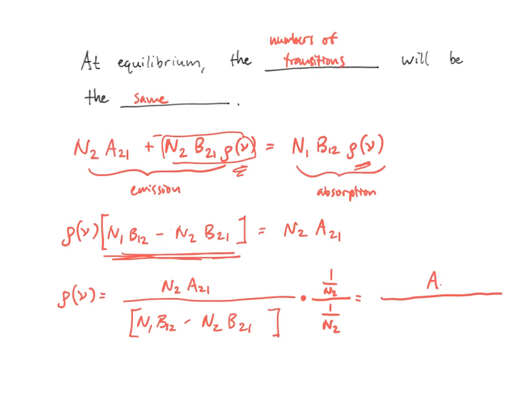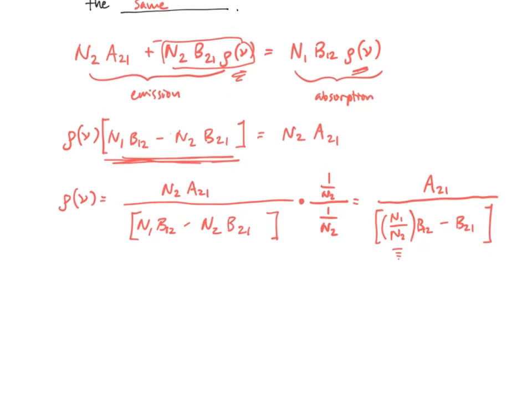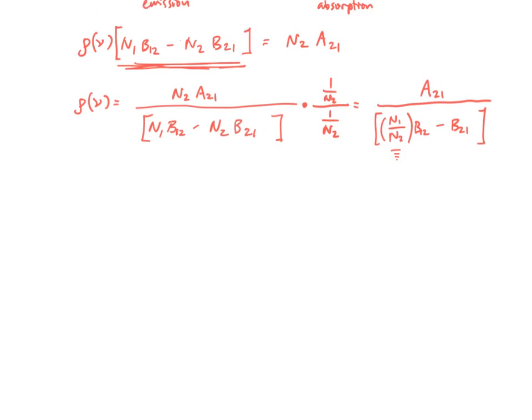So then we're just left with A21 on the top, and then in brackets we get N1 divided by N2 here, then B12 minus B21, like so. Now this spot right there has a ratio of numbers at the two energy levels, and that's nice because we can use the Boltzmann distribution for that.